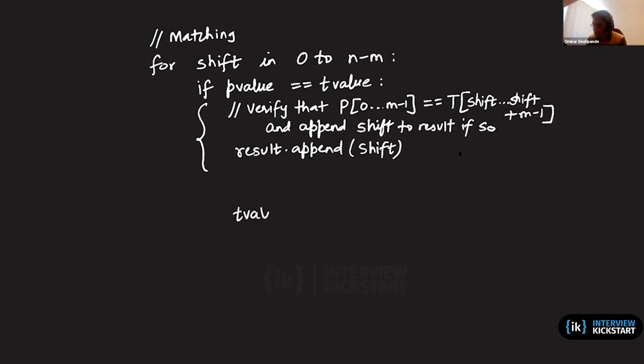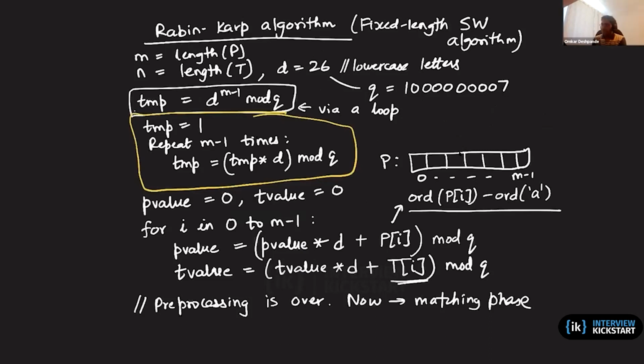The new t-value is obtained from the older t-value by subtracting out what we had computed here, which is stored in the temporary variable, temp times the leftmost digit.